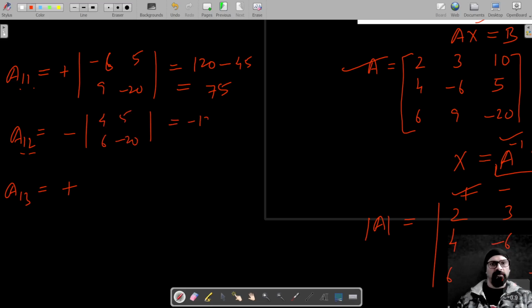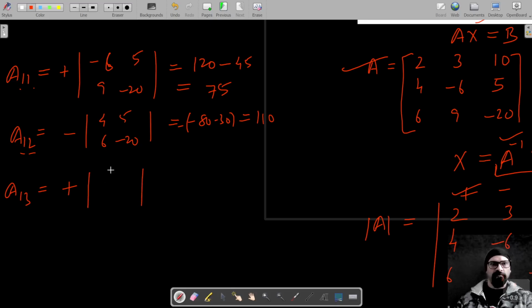So this is negative of, 4 into negative 20 is negative 80 minus 30, which is equal to 110. So this is 110.